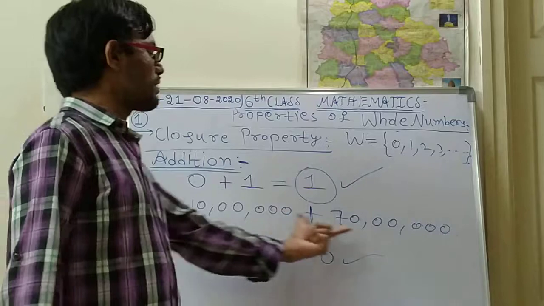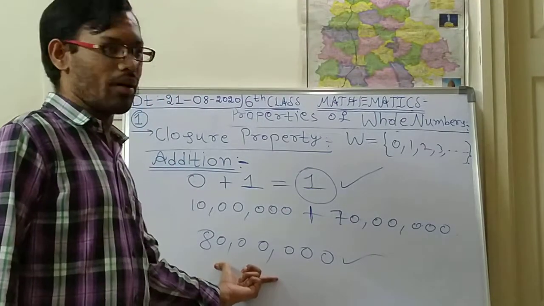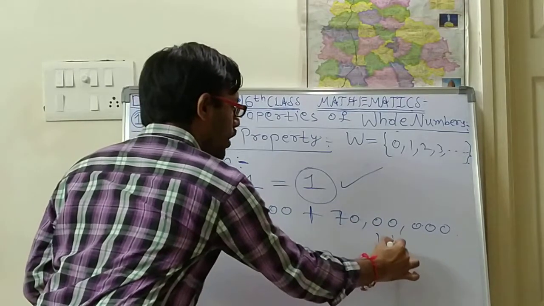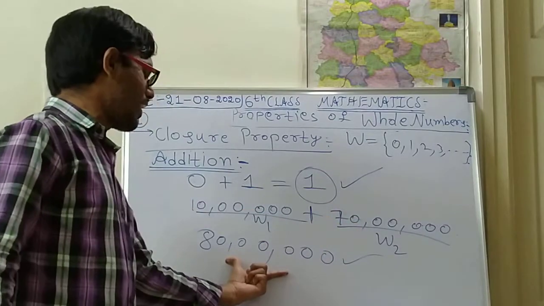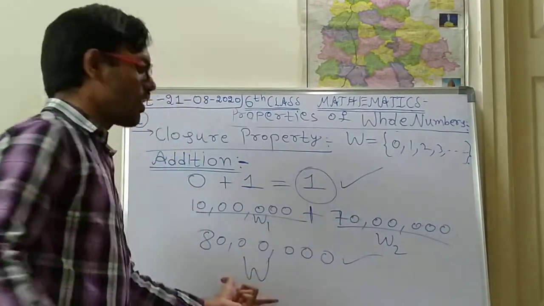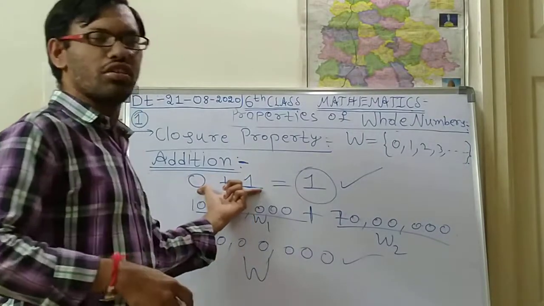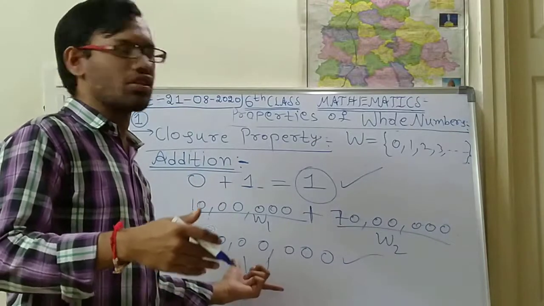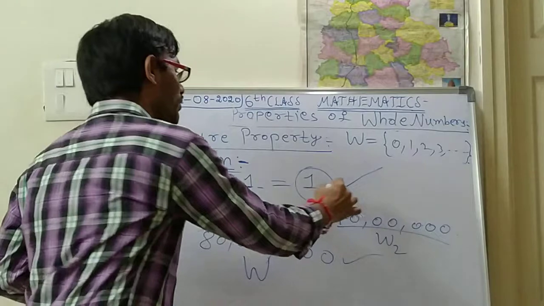So 10 lakhs plus 70 lakhs is 80 lakhs. This is also a whole number. I added one whole number with another whole number W2, and by adding these two numbers I get another whole number. So that means if you take the smallest whole numbers, or the largest whole numbers, the result will be a whole number only.